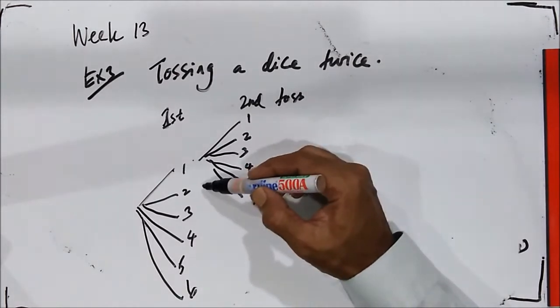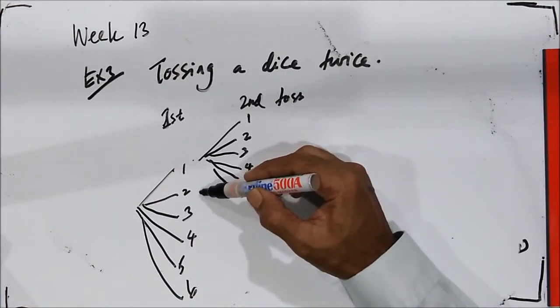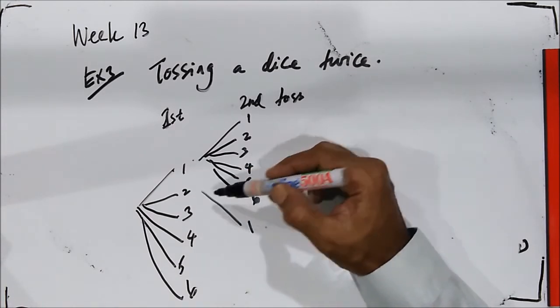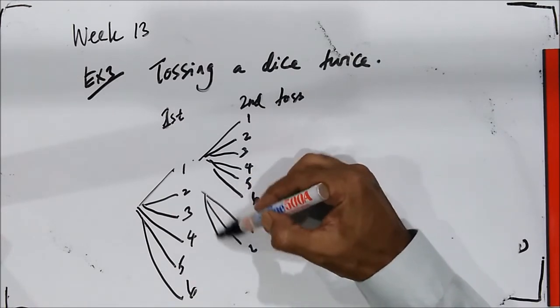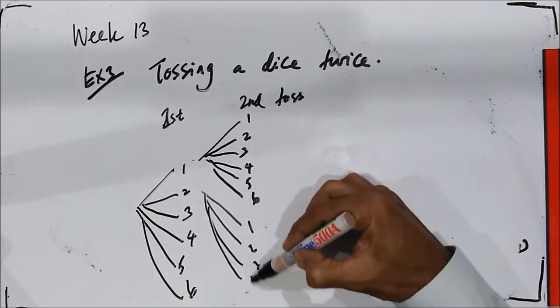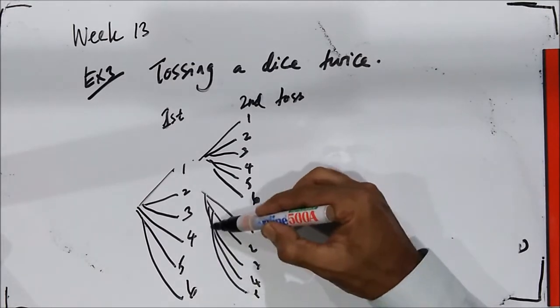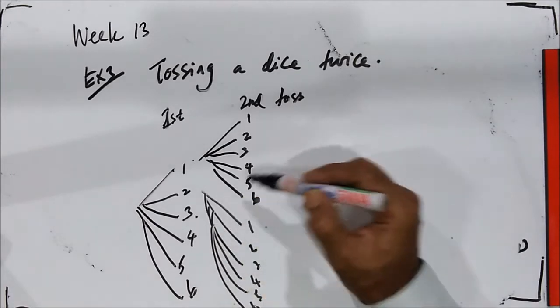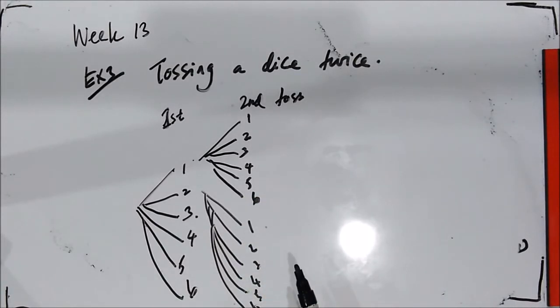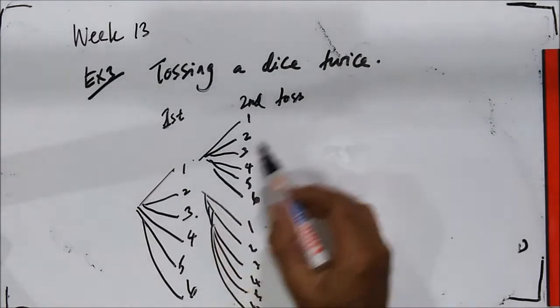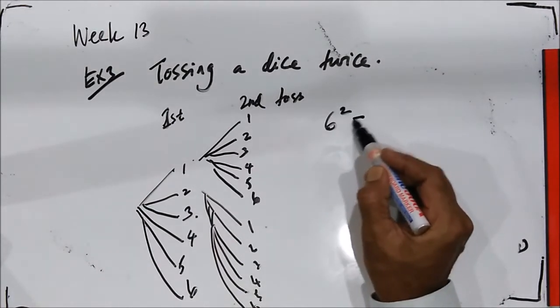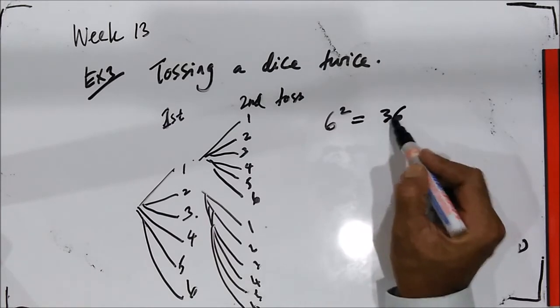And if I get number 2 in the first toss, the possible outcome is I can get number 1 in the second toss, number 2, number 3, number 4, number 5, and number 6. And this also happens the same. So the possible outcomes here are 6 raised to 2, which is equal to 36.